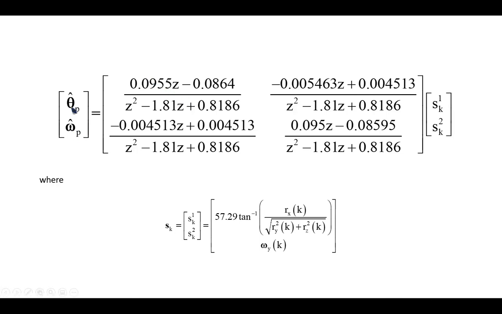So if you were to implement this in transfer function form rather than state space, you would have theta hat p, actually it should be k, brackets k, is this filter convolved with that input, plus this filter convolved with the second input, where the first input is the accelerometer output with the arctan, and the second one is the measured values there.